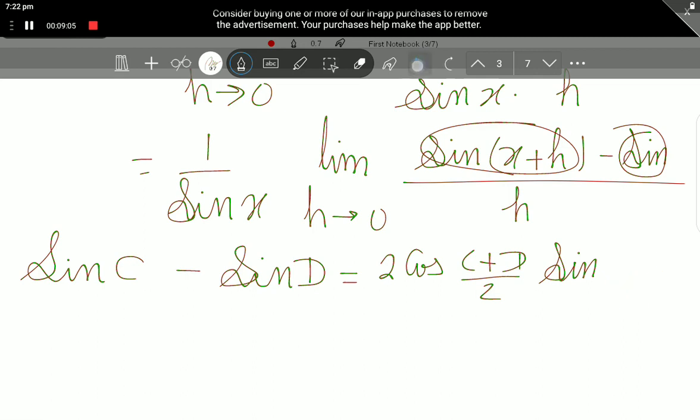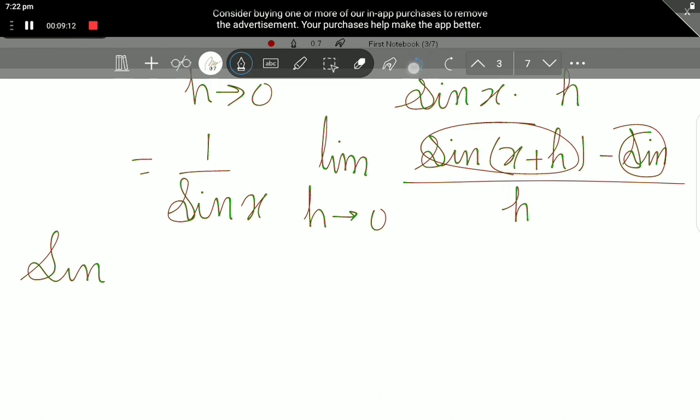Let's apply that result. 1 by sin x as it is.